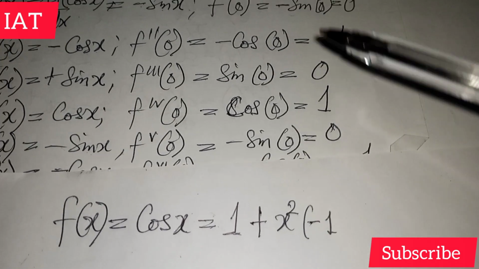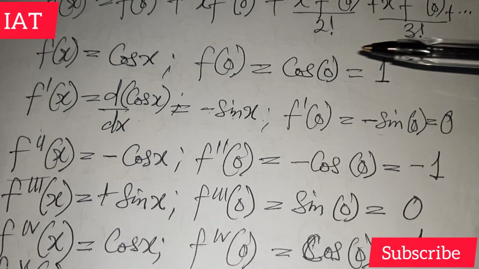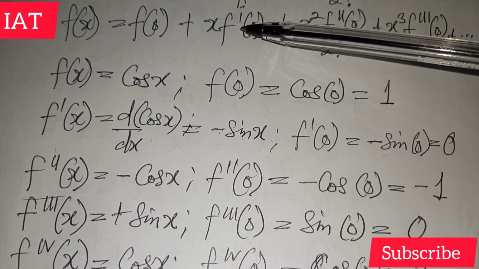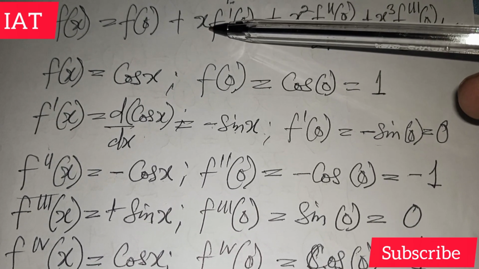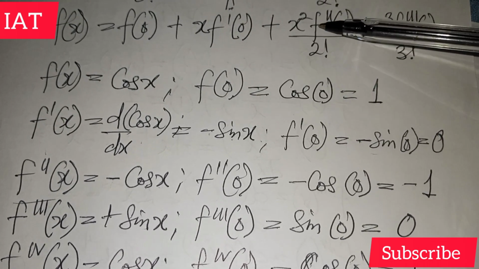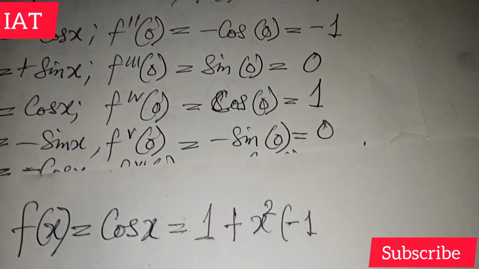Alright, if you check through the formula, this is the first term, this is the second term. This is why I said since the first derivative here is 0, 0 times x will be 0, so that has disappeared. This one is minus 1, and that's why we replace this with minus 1. That's what I'm explaining.